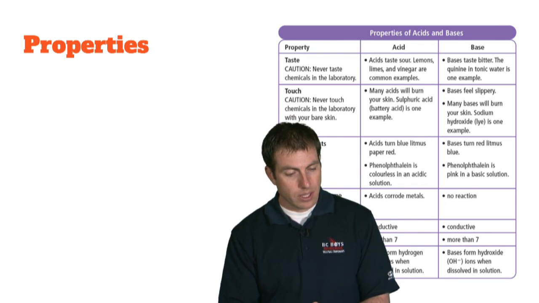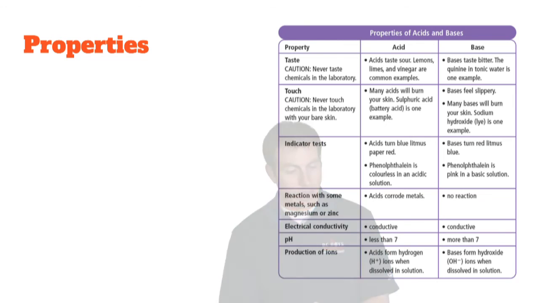Indicator tests. It doesn't matter what you have in terms of litmus paper, acid is always going to turn litmus paper red. It doesn't matter if you're using blue litmus paper or red litmus paper, it's going to turn red, while a base will turn litmus paper blue. Acids corrode metals, they'll eat away at them right away, and bases won't do anything.